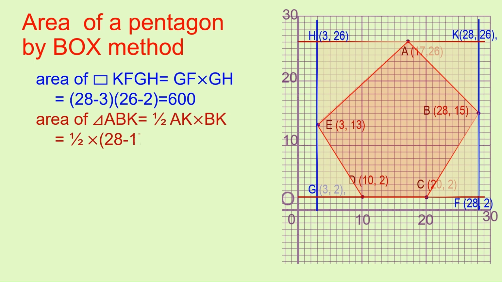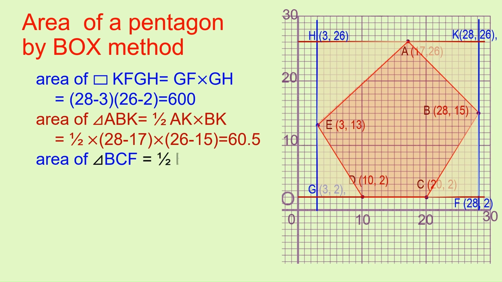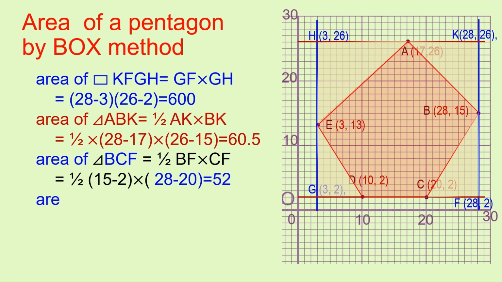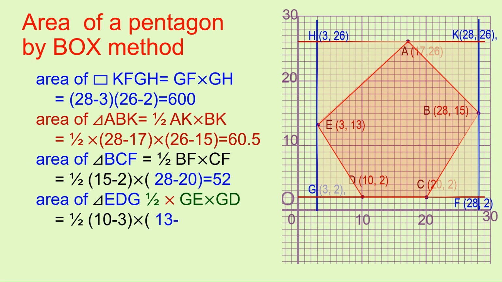Area of triangle ABK equals 1/2 AK times BK equals 60.5. Area of triangle BCF equals 1/2 BF times CF equals 52. Area of triangle EDG equals 1/2 GE times GD equals 38.5.